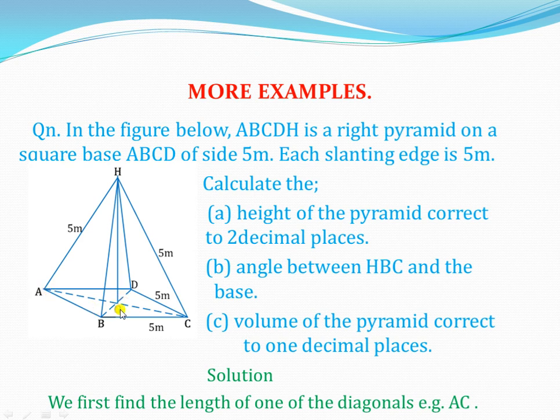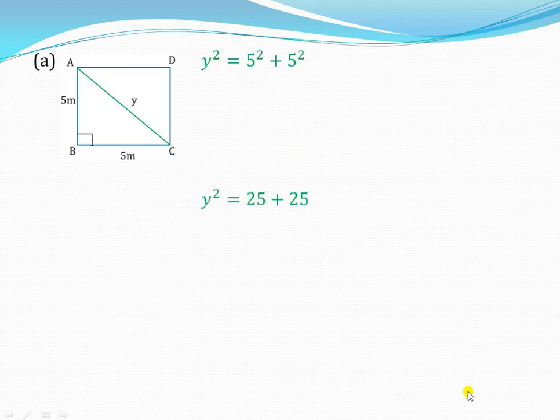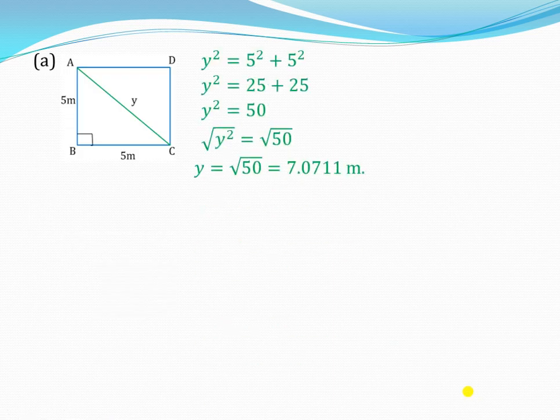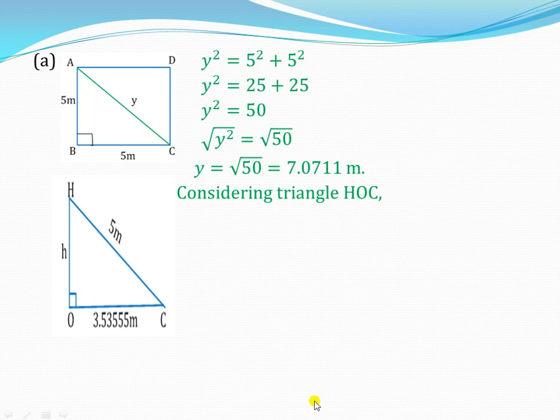Now that we have got AC, we simply divide it by 2 to get the length OC, and that is what we're going to do. So when you do that, you're going to realize that we shall have 3.53555 meters. How have I got it? By simply dividing this length of AC by 2.